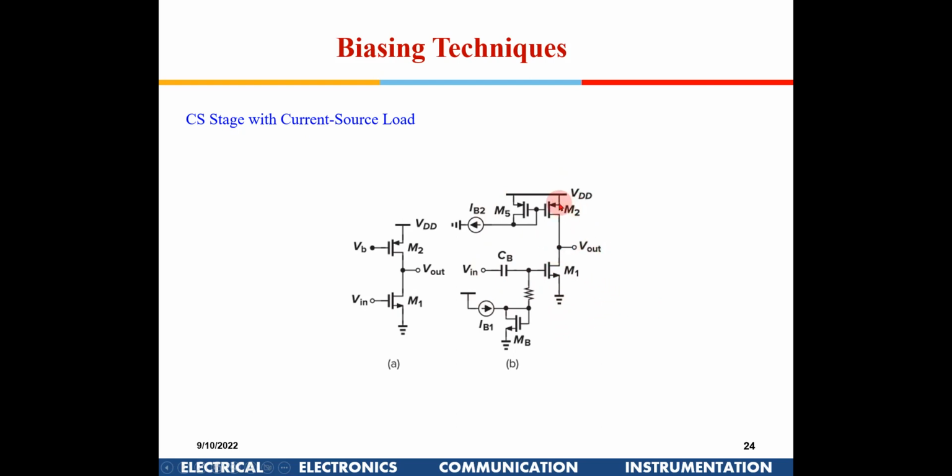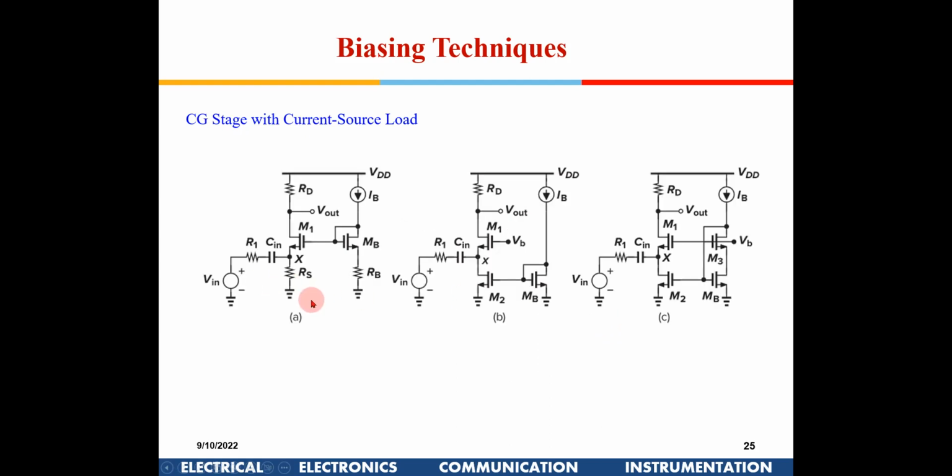And with this configuration, it will be easy to get the operating point somewhere around VDD by 2 also, because you just have to size these transistors to get a proper operating point. So these are the kinds of biasing things which we can do.